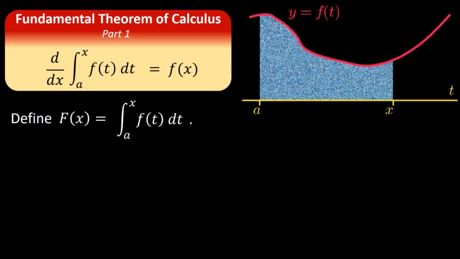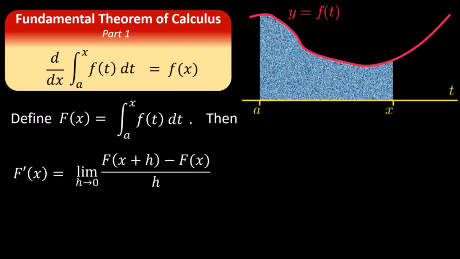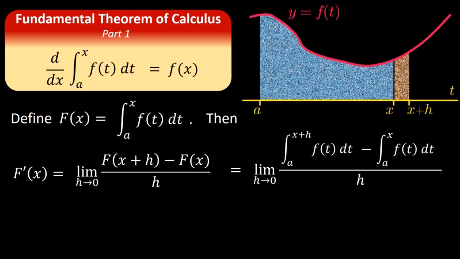And then what the theorem is telling us is we need to take the derivative of this function, capital F. And I want to show that that derivative is little f. So I go ahead and do that. I write down the derivative of capital F. Now let's see what this says. The first thing is capital F of x plus h. Well, that's the area from a to x plus h.